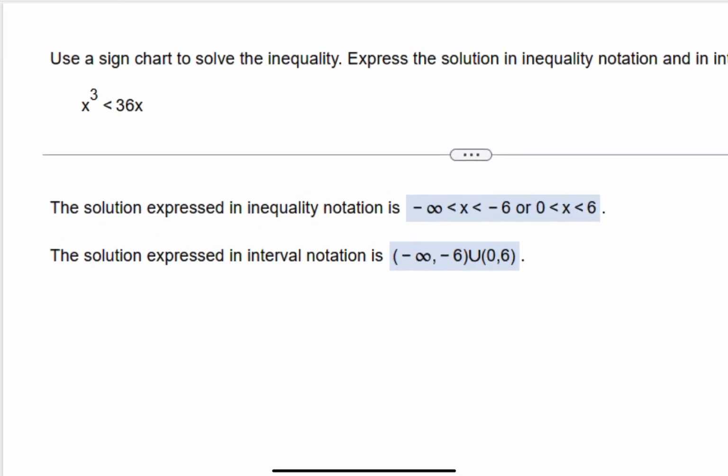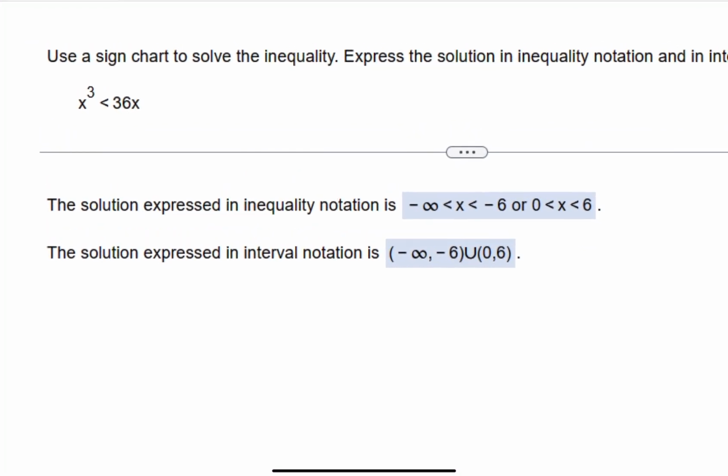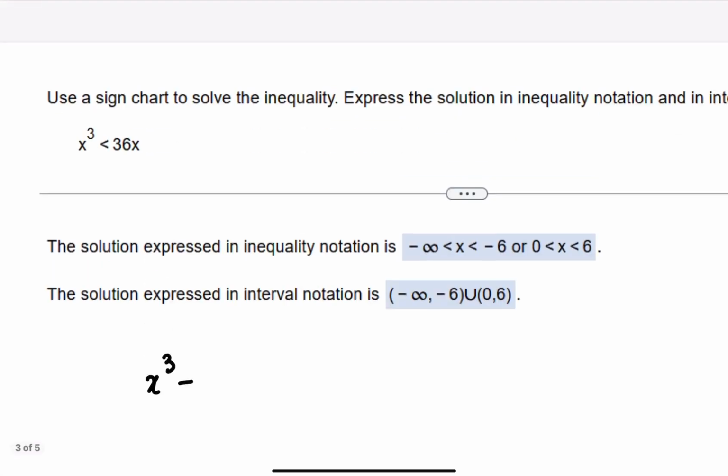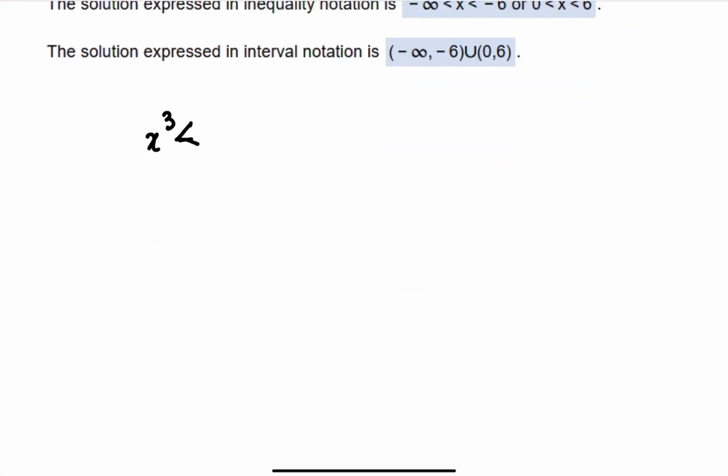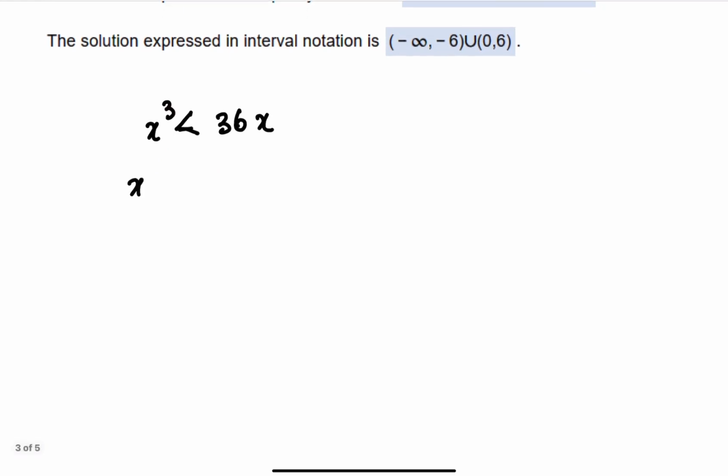Here is my inequality, and they're saying use the sign chart to solve the inequality. Okay, so let me go ahead and write that down. I have x cubed less than 36x. I'm going to bring 36x to the other side.